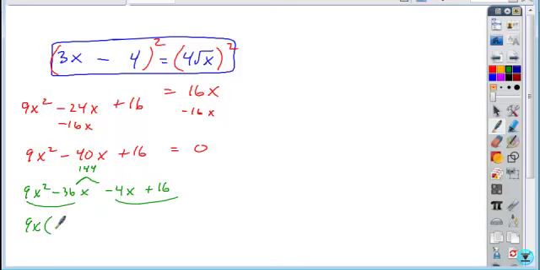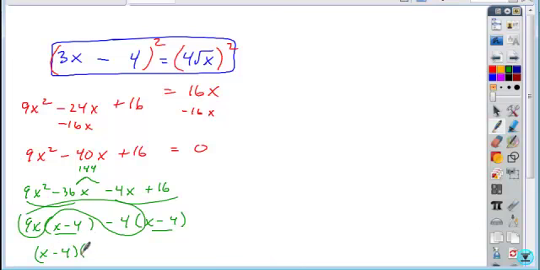So we can remove a common factor of 9x, leaving x minus 4. Remove a common factor of negative 4, leaving x minus 4. If that's the case, we get our common binomial factor. Inside, we get 9x minus 4. Set each of those equal to 0 and solve. And our two potential answers, x is positive 4 and x is 4/9.